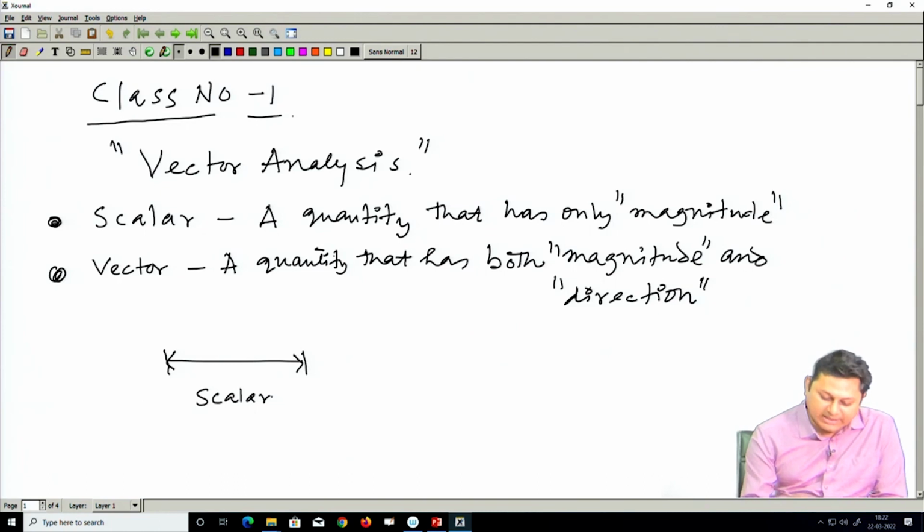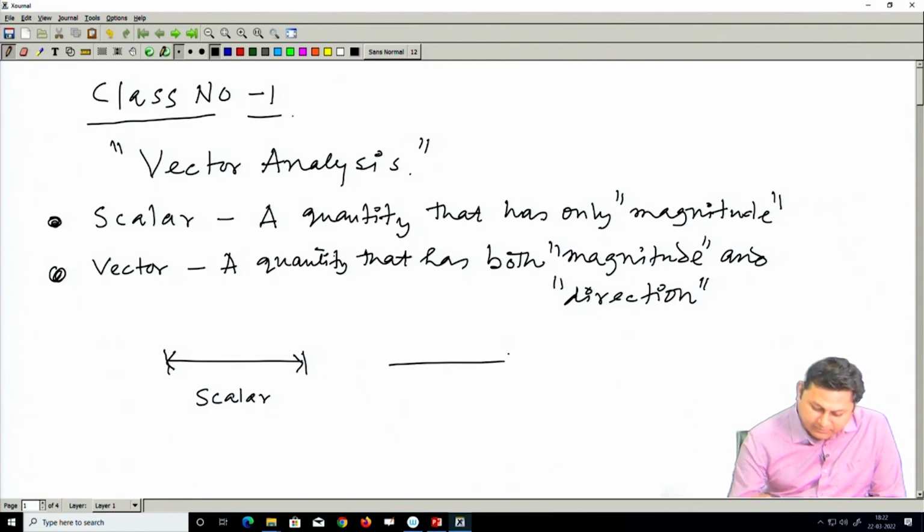Mass and other quantities are also scalar quantities. Pictorially, if I have a line and I only measure the length, that is a scalar quantity. On the other hand, if I have a line and I measure not only the length but also the direction, then that is a vector quantity.